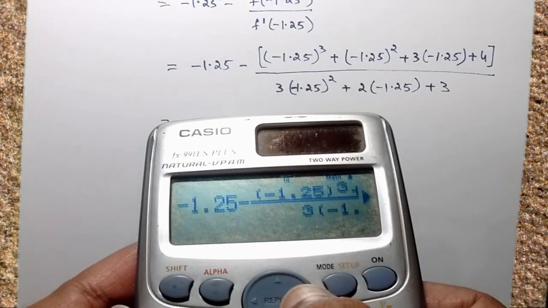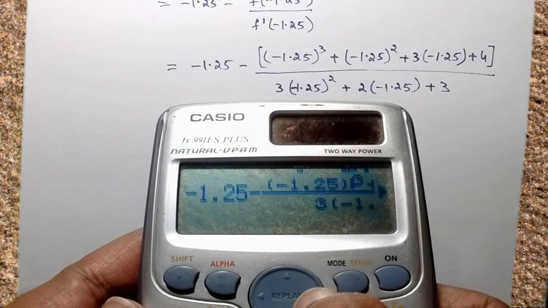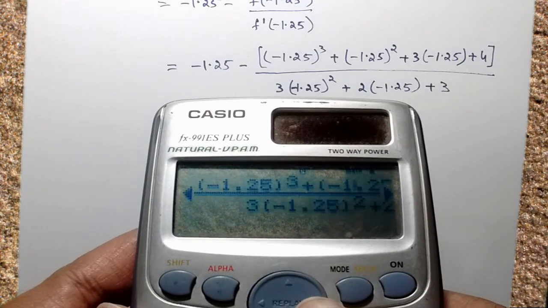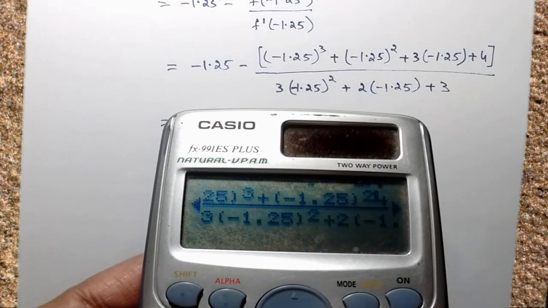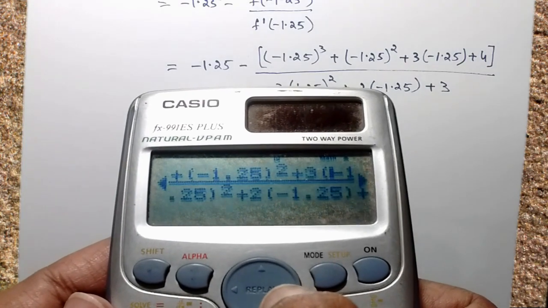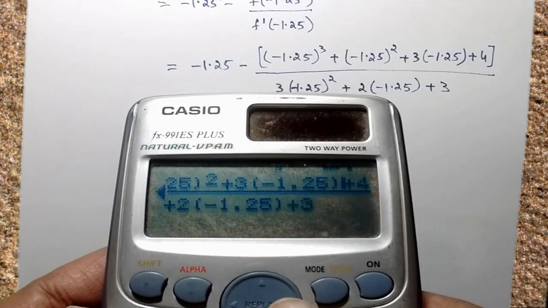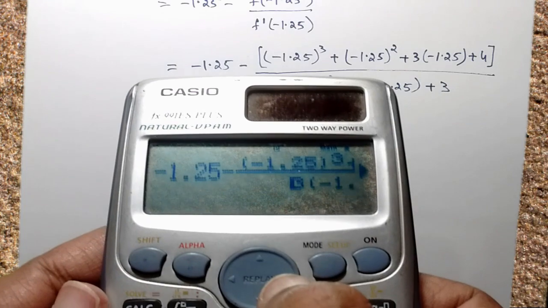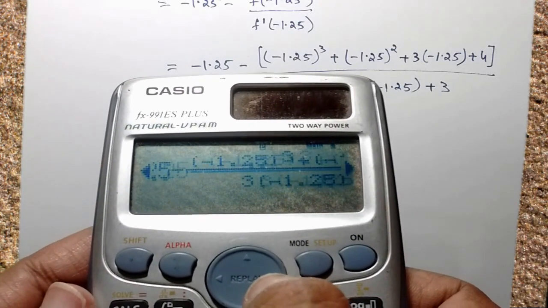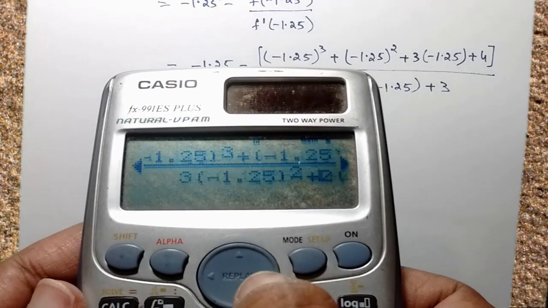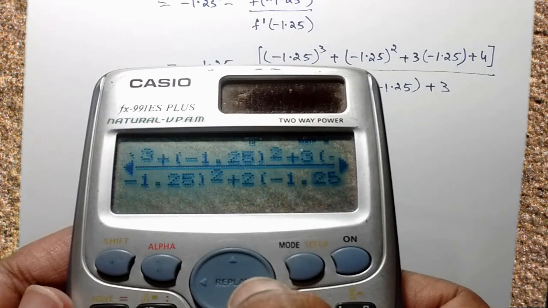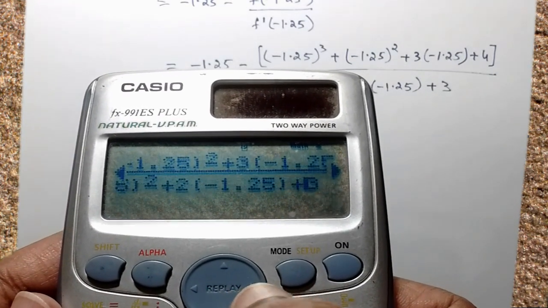So it is minus 1.25 minus of minus 1.25 whole cube plus minus 1.25 whole square plus 3 into minus 1.25 plus 4. This is the numerator value. Denominator we have 3 into minus 1.25 whole square plus 2 into minus 1.25 plus 3.